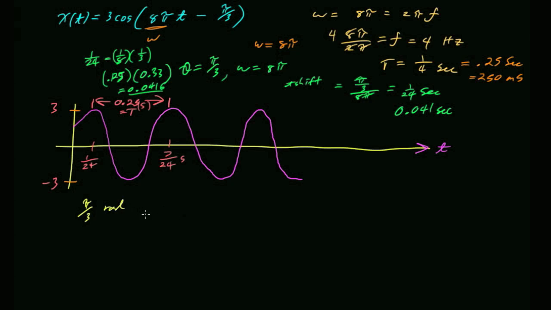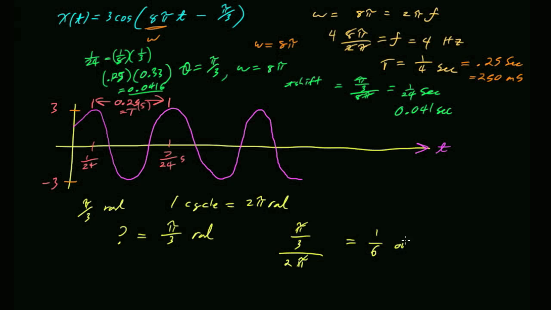So if one cycle is 2 pi radians, then how many cycles is pi over 3 radians? Right, remember cross multiplying? Remember they actually taught you that for a reason. 1 times pi over 3 divided by 2 pi gives you 1/6 of a cycle.